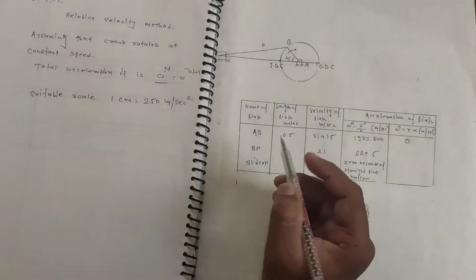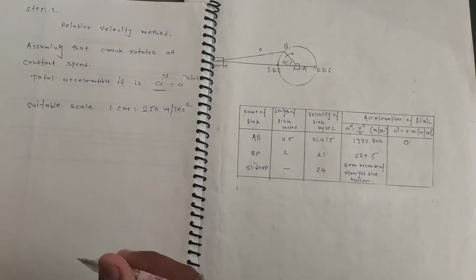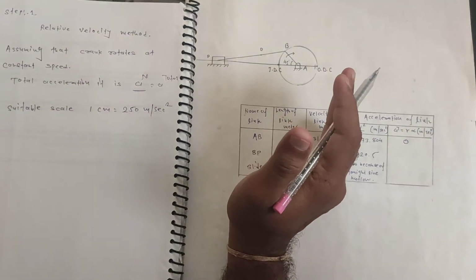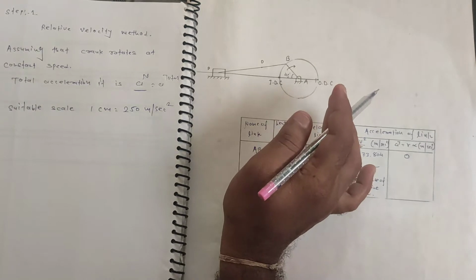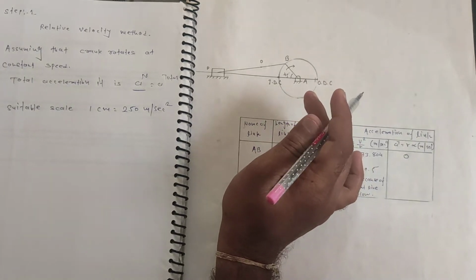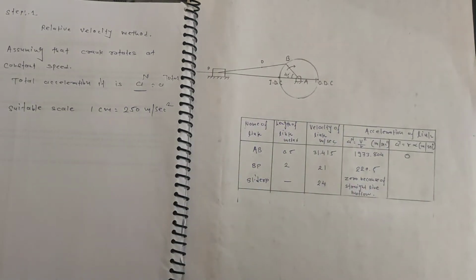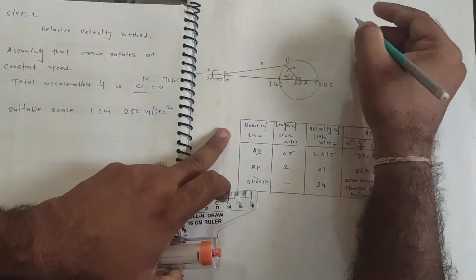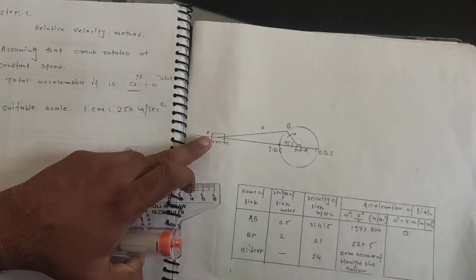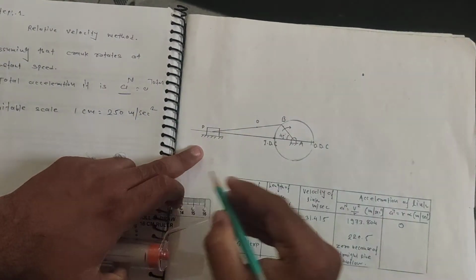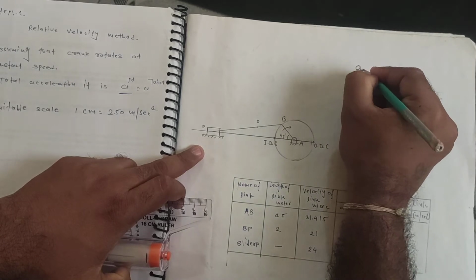Okay, so now we have to start to draw the acceleration diagram. First, we have to find out which is the fixed point. That point we have to consider as our pole point. So from the figure, we consider our point A, that is fixed.